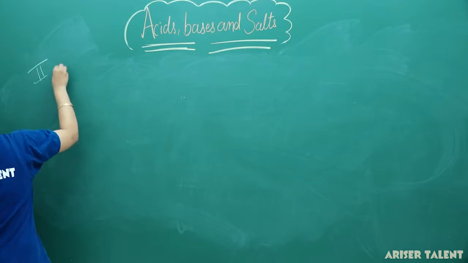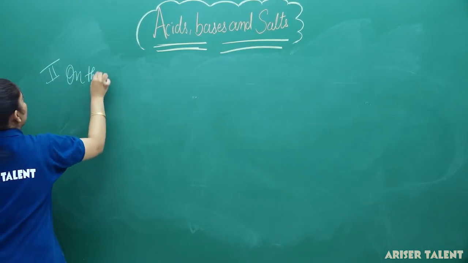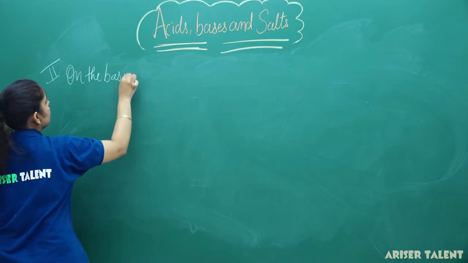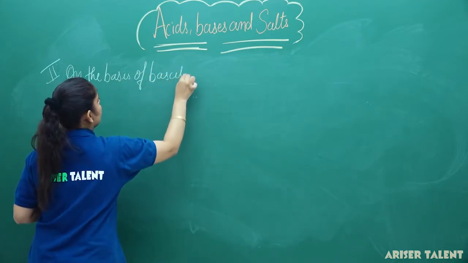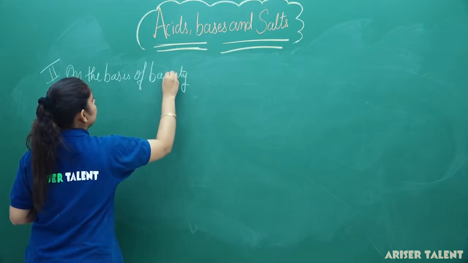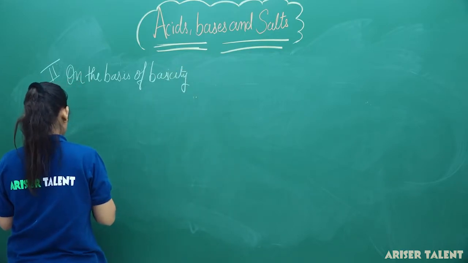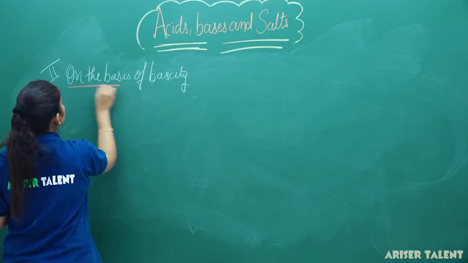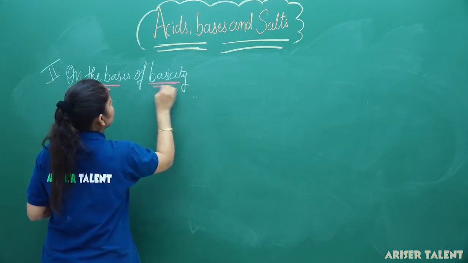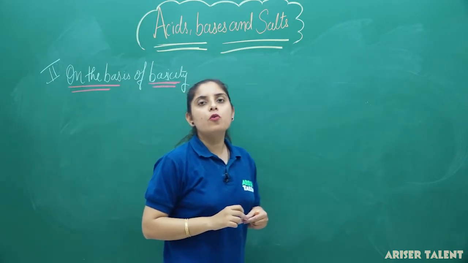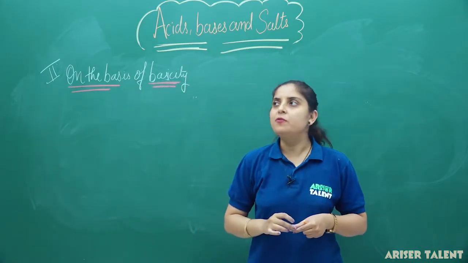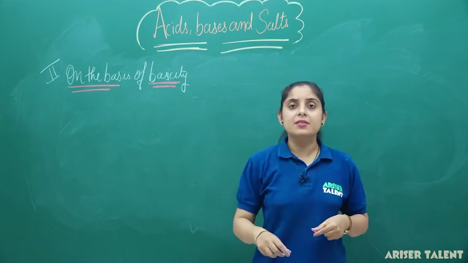So the second classification will be on the basis of basicity. On the basis of basicity, you have 4 categories of acids. But what does the term basicity mean?